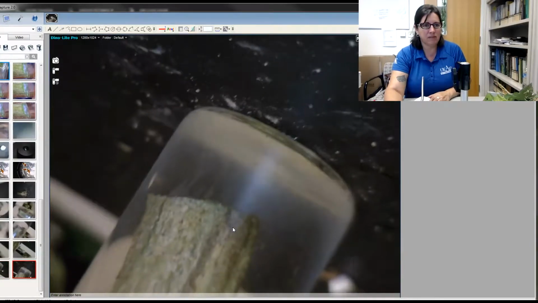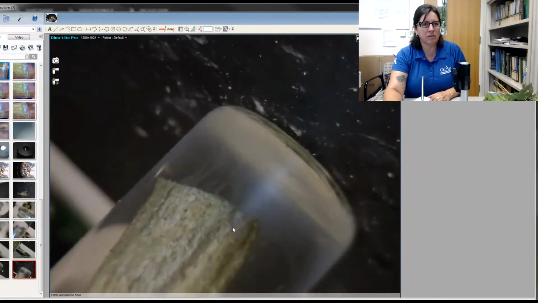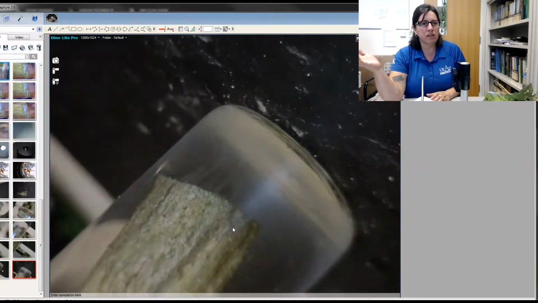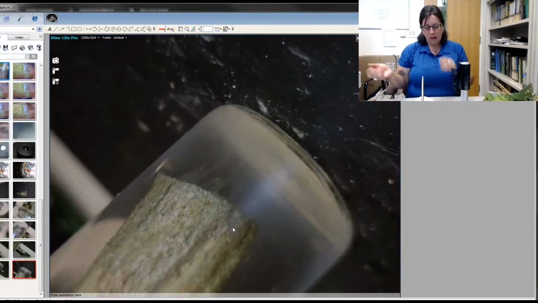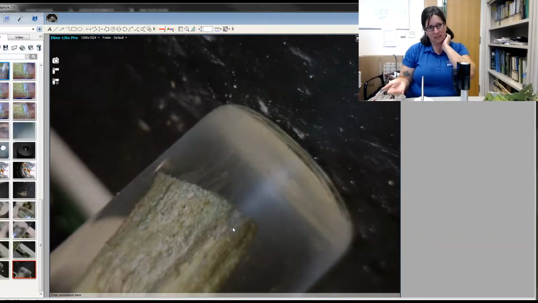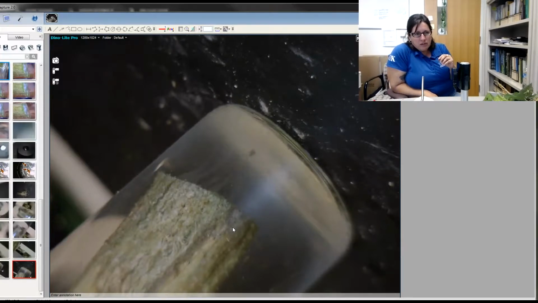There we go. And you'll see it's moving. You'll see it's moving, so that streaming is happening. My dino light is upside down. That's why this is happening here, because I'm trying to look at it from underneath. But that is streaming. And this is simply these little vials in with some water.